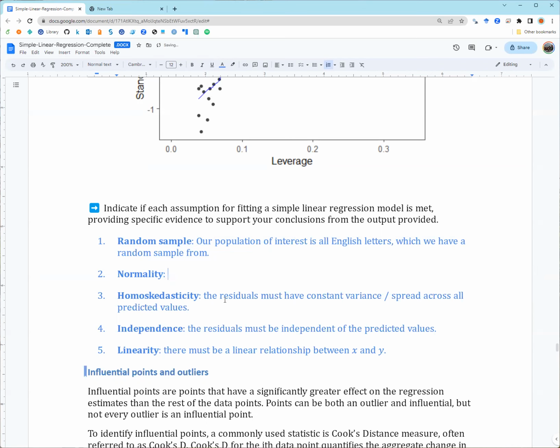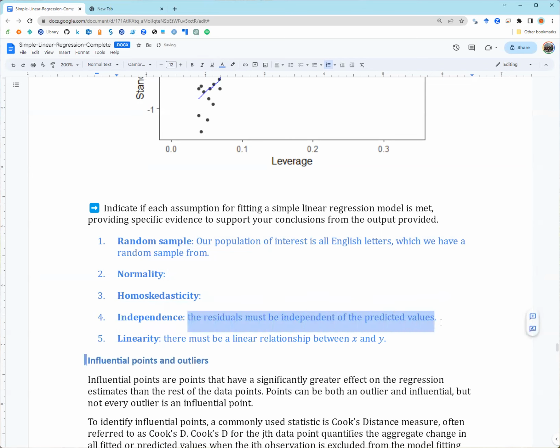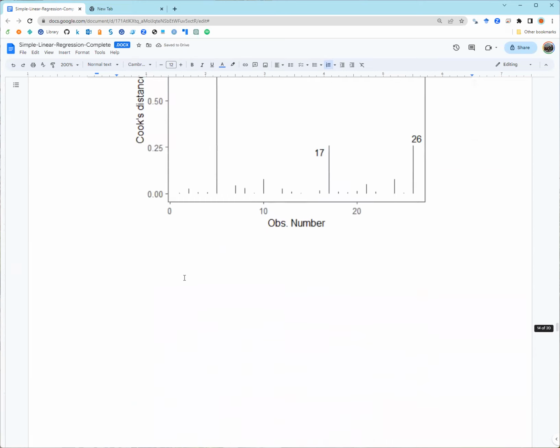Normality, okay. So how do we check normality? Let's look at the QQ plot, the quantile plot.